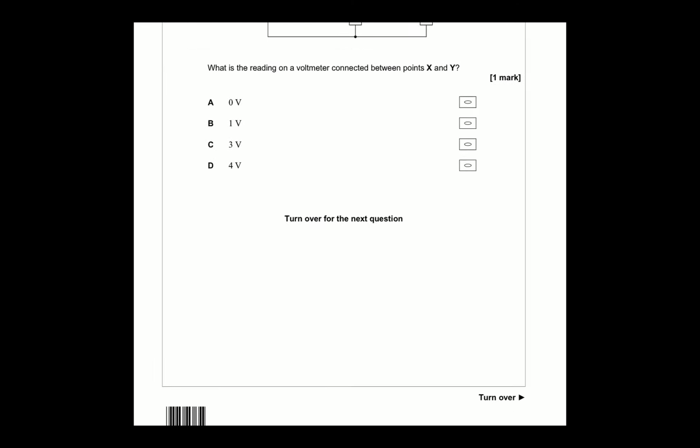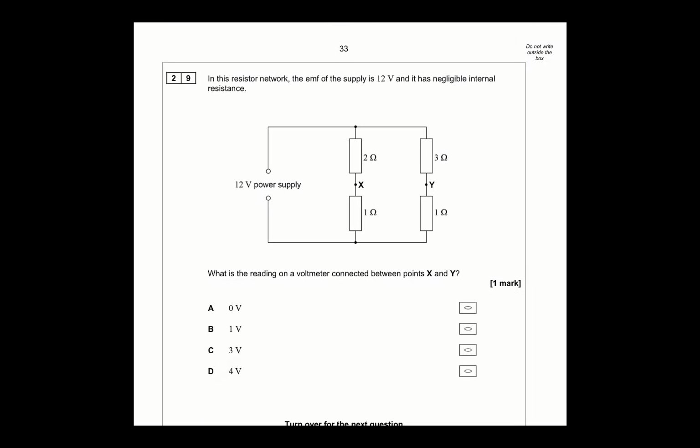So, 29. What is it asking me here? Resistor network. The EMF supplies 12 volts and has negligible internal resistance. What is the reading on a voltmeter connected between... Okay, so again, we have to think of this as: we're at 12 here, we're at 12 here. Here, we're going to be at 0, and we're going to be at 0.